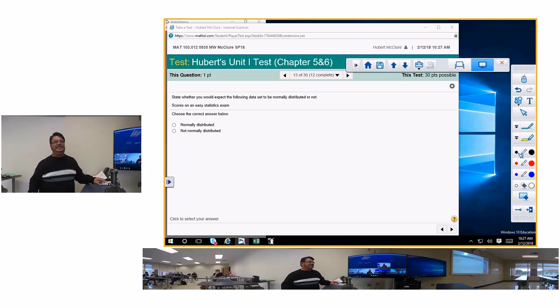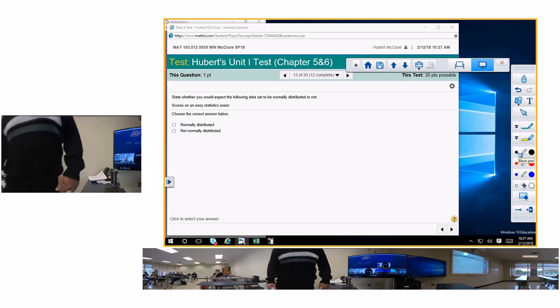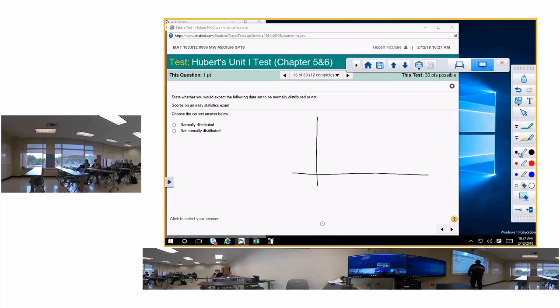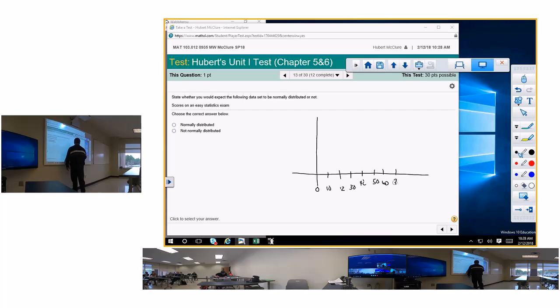Draw a picture of an easy exam. 0, 10, 20, 30, 40, 50, 60, 70, 80, 90, 100. That's what it would look like.